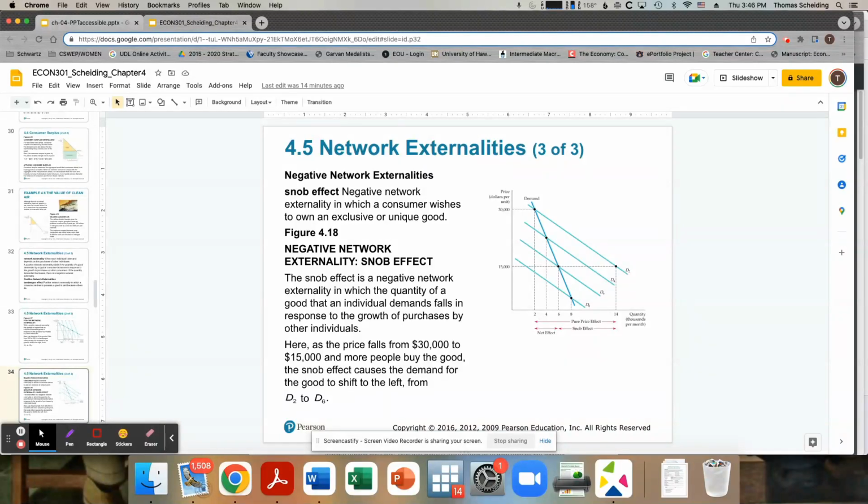Let's think of a good example. What's a brand that's overdone? Well, to some extent, certain fashion items.